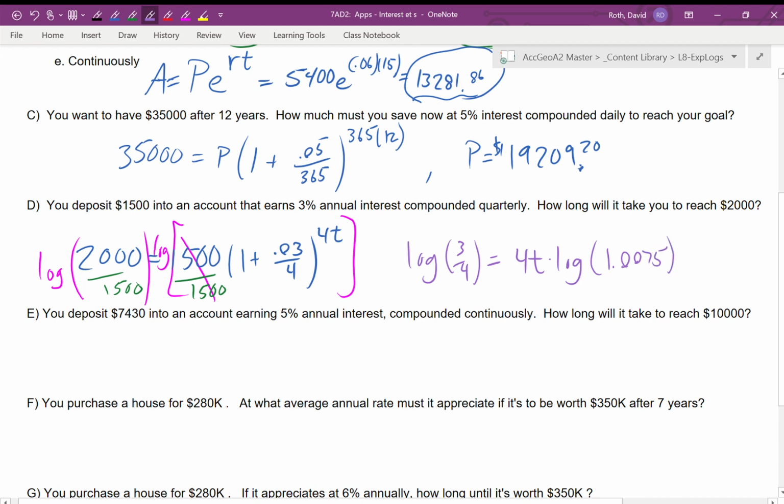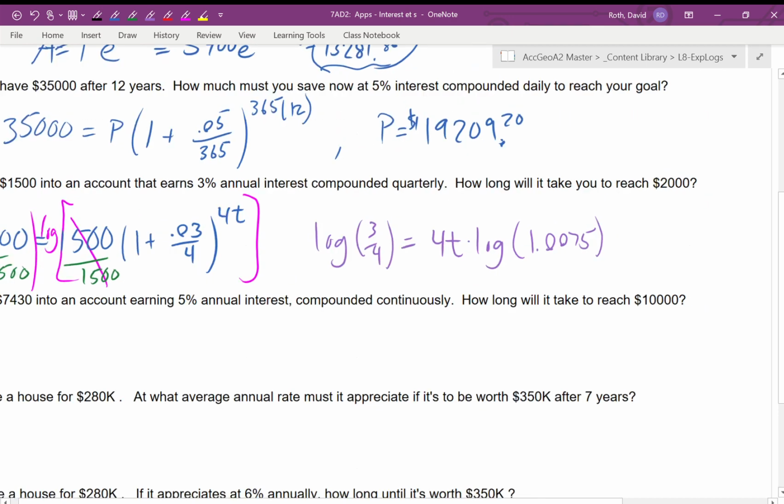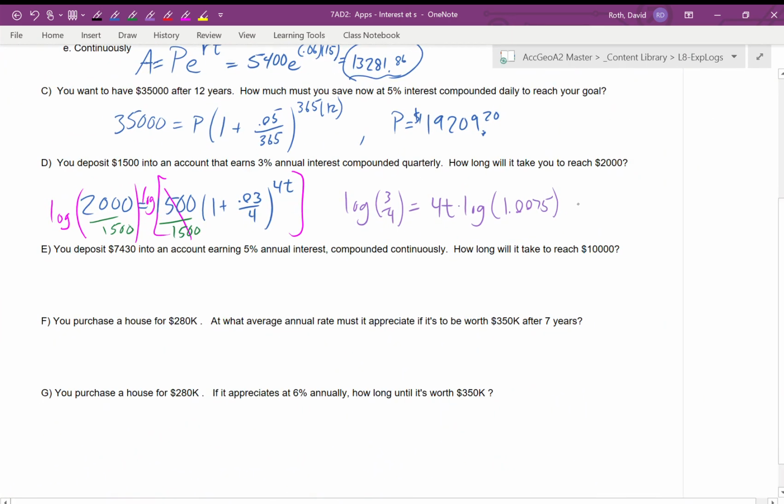So it's just a log calculation process like we've done before. And I believe you'll get 9.62. And then t equals 9.62 years.